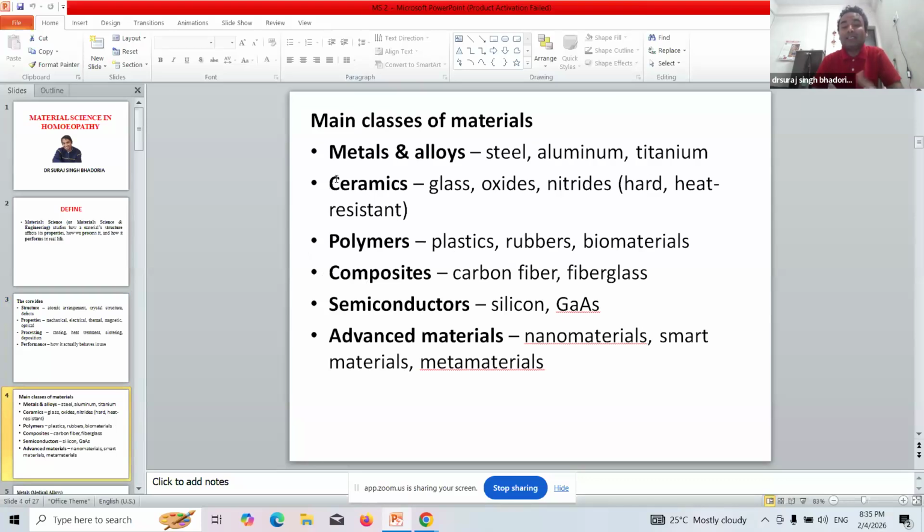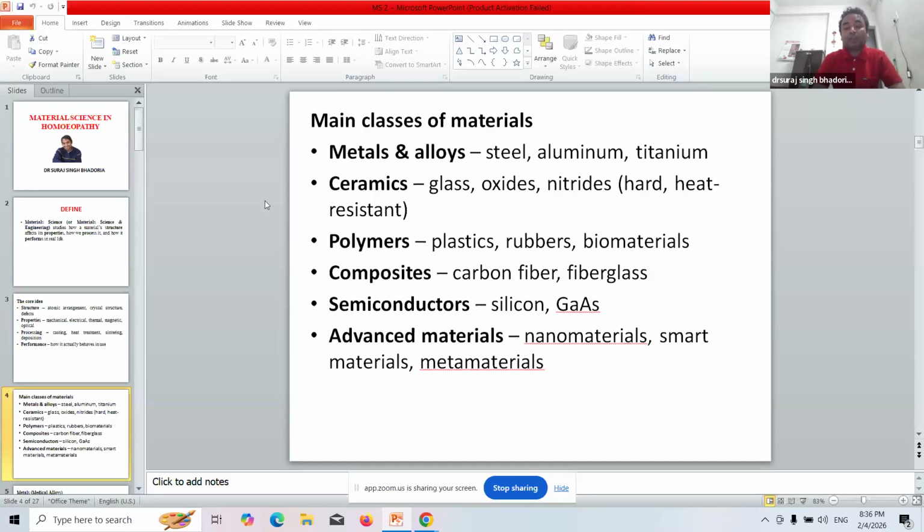They have steel, aluminum, titanium. So this is all about the metals and the alloys. These are generally used for the union of fractures, the making of artificial bones and some other surgical intervention. So this is the use of such metals and alloys in the medical fraternity.